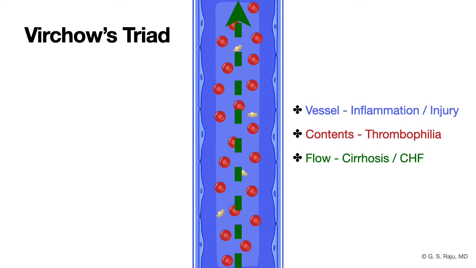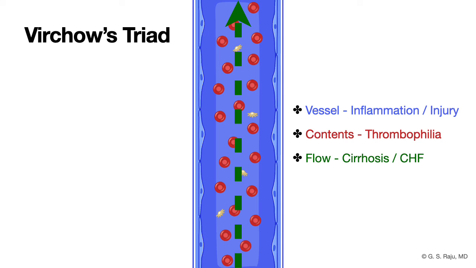And lastly, is the flow slow, like in a patient with cirrhosis or a patient with heart failure? So when you have portal vein thrombosis in a patient with cirrhosis, you can automatically assume it is a slow flow status that resulted in thrombosis.